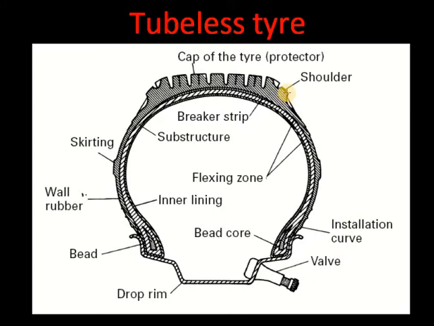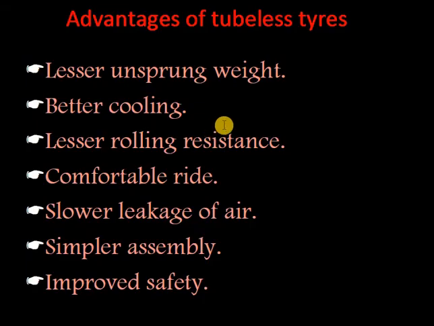This is the shoulder cap of the tire protector. Advantages of the tubeless tire are lesser unsprung weight, better cooling, lesser rolling resistance, comfortable ride, slower leakage of air, simpler assembly, and improved safety.